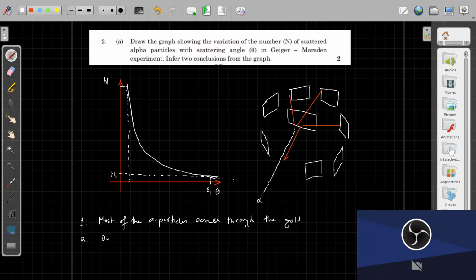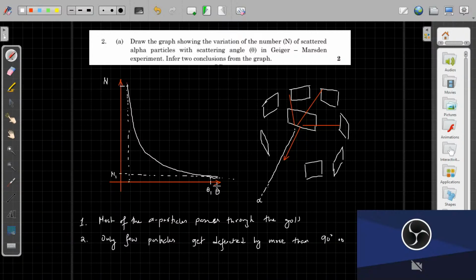Only few particles get deflected by more than 90 degree, okay, 90 degree or more.